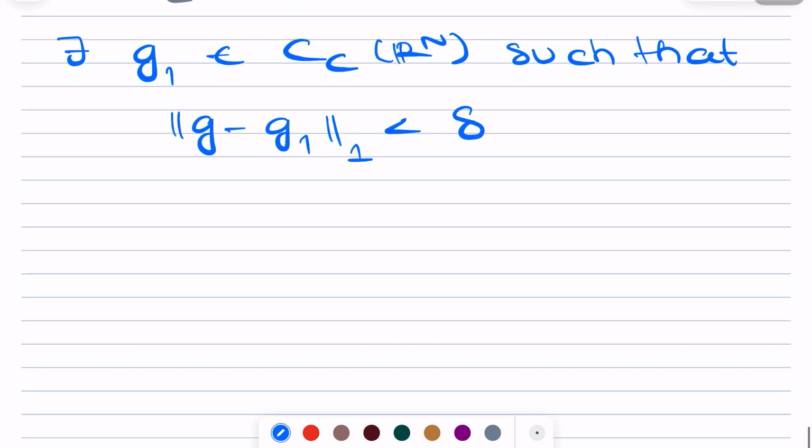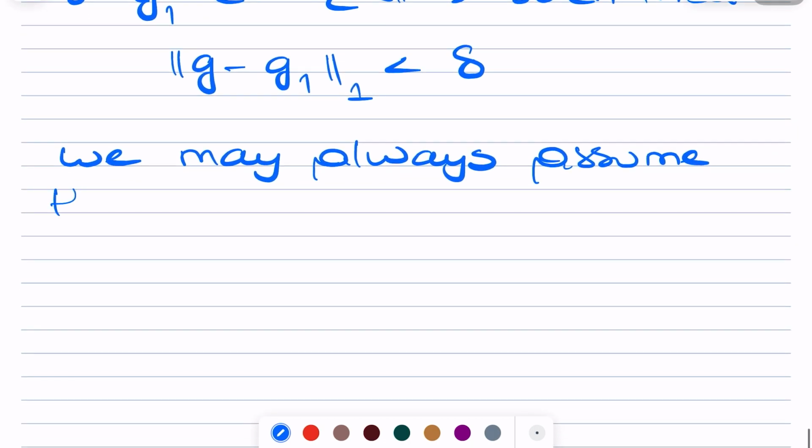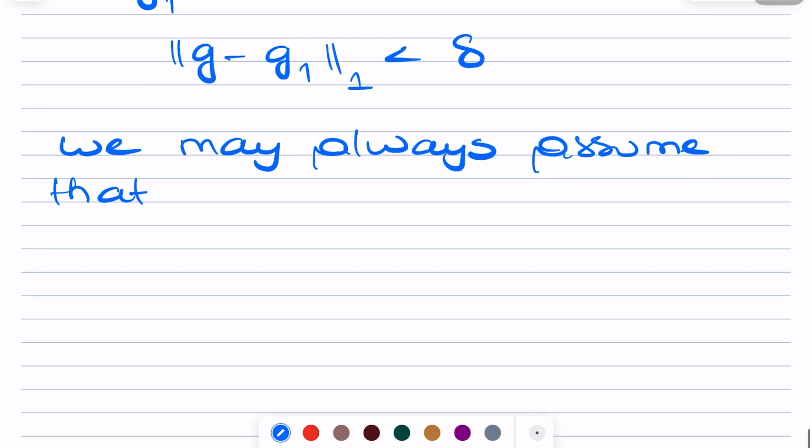So we may always assume that the infinity norm of g1 is less than or equal to the infinity norm of g.